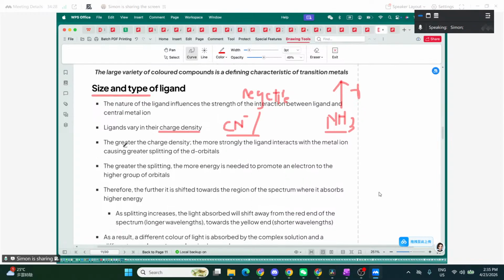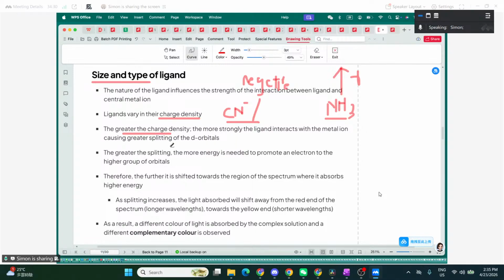If there is greater charge density, the ligand interacts more strongly with the metal ion, which will cause greater splitting of the d orbitals. The greater the splitting, the more energy is needed to promote an electron to the higher group of orbitals.